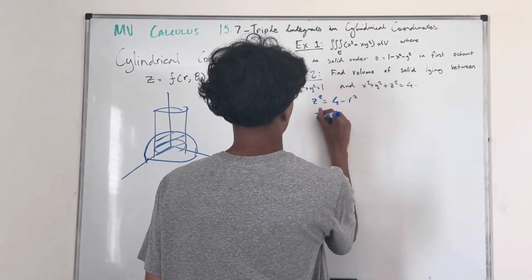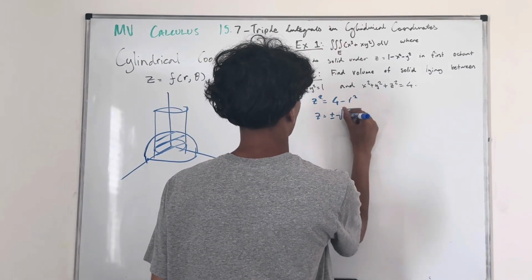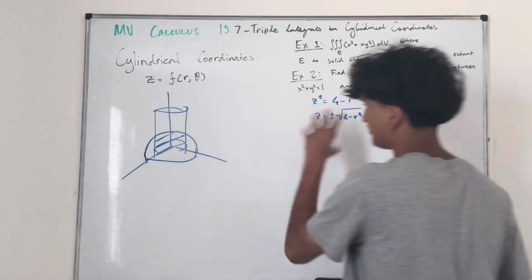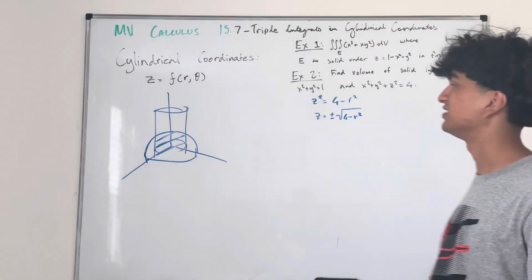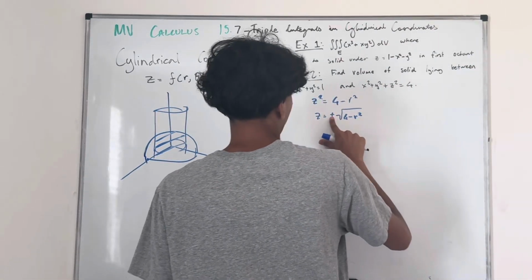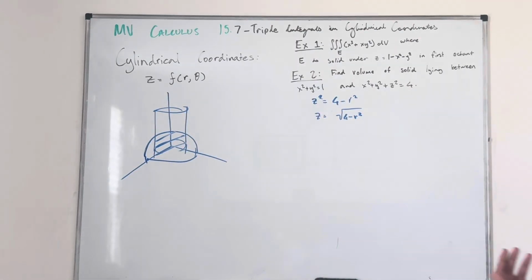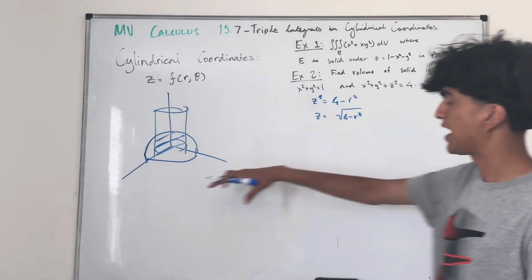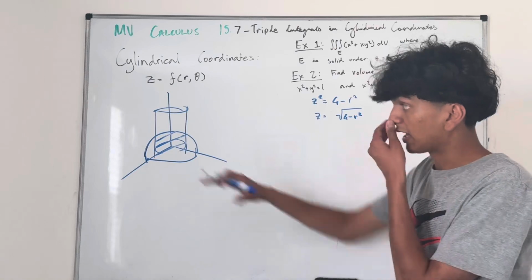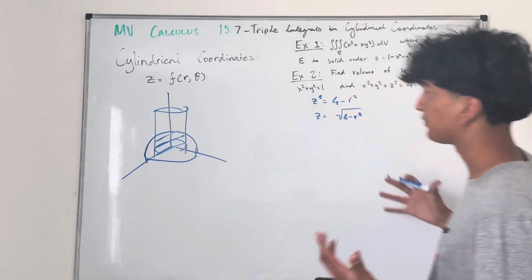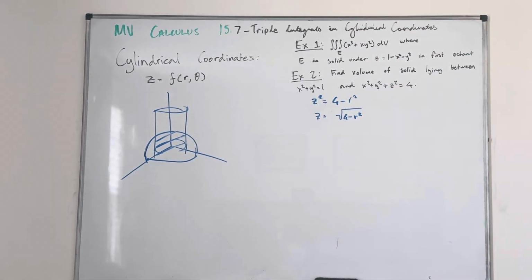But now I have to take the square root, and this is where I get the plus and minus. Because I'm worried about positive values of z, anything above z equals 0, I can only consider the positive version of this. So this is the top surface, and then the bottom surface is just z equals 0.